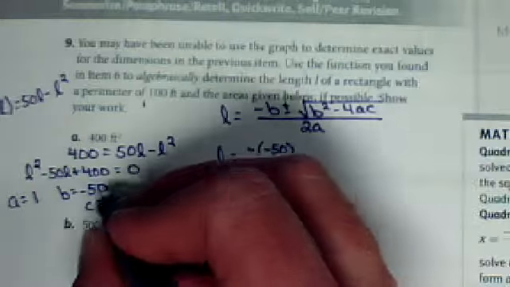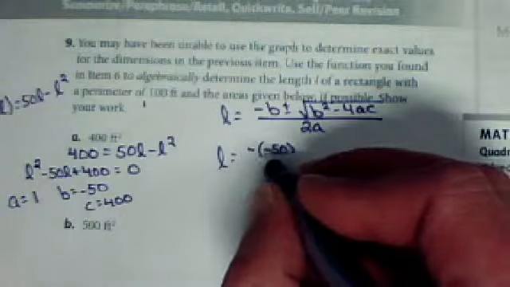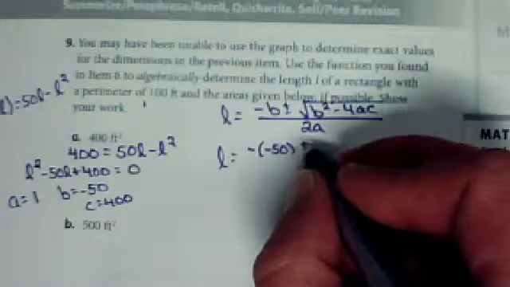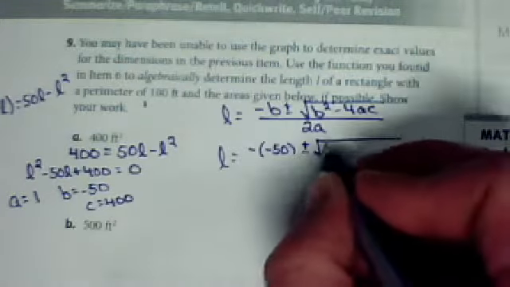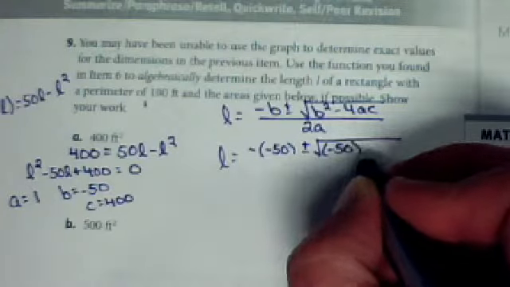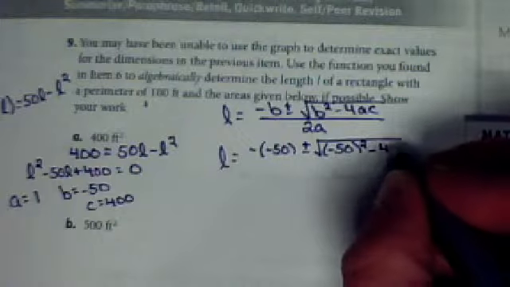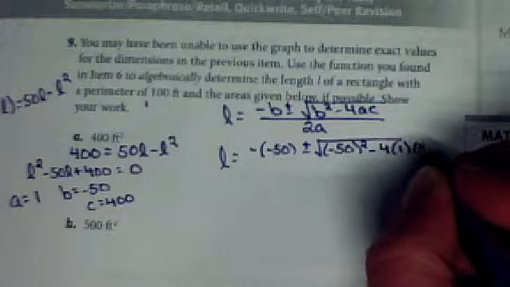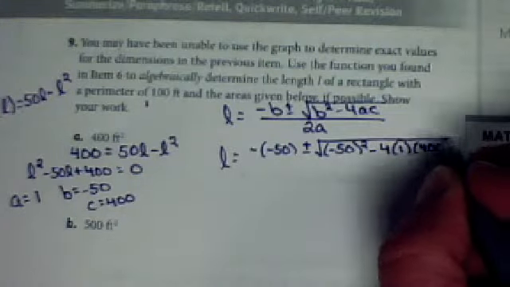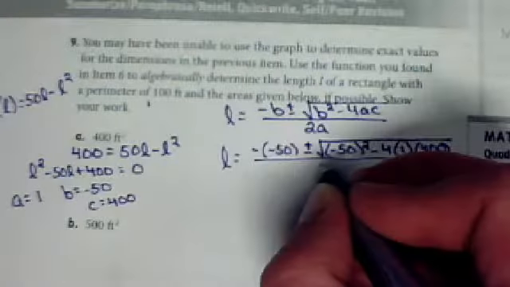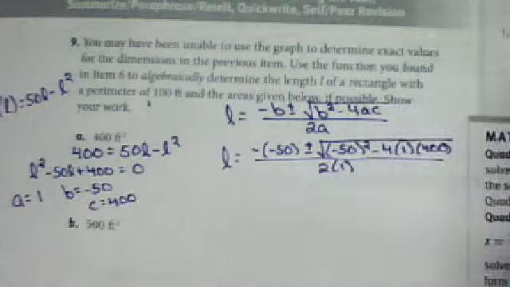Negative b. Now notice b was already negative, so negative a negative b. B squared, especially when it's a negative number, make sure you put it in parentheses. Minus 4 times a times c, all over 2 times a.